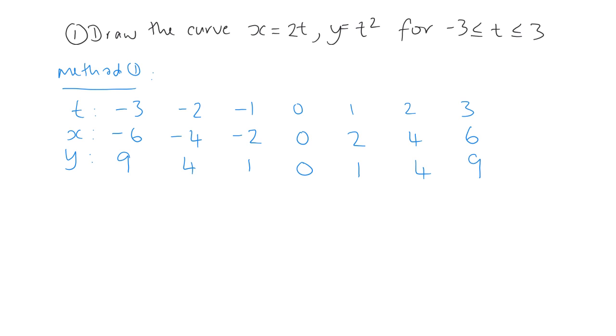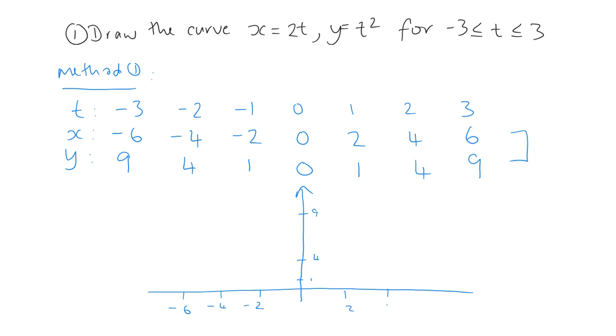And then we're going to plot our x and y coordinates. And hopefully I can get this fitted in here. So we've got 1, 4, and 9 here. And that's 2, 4, 6 on the x axis. So when x is minus 6, y is 9.